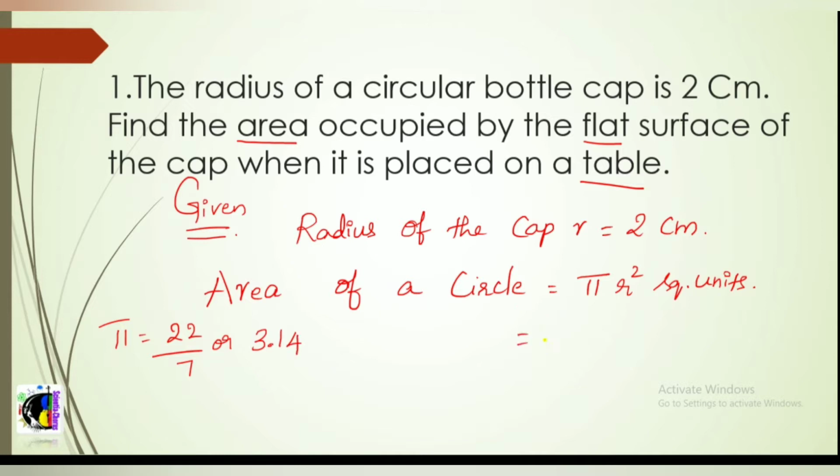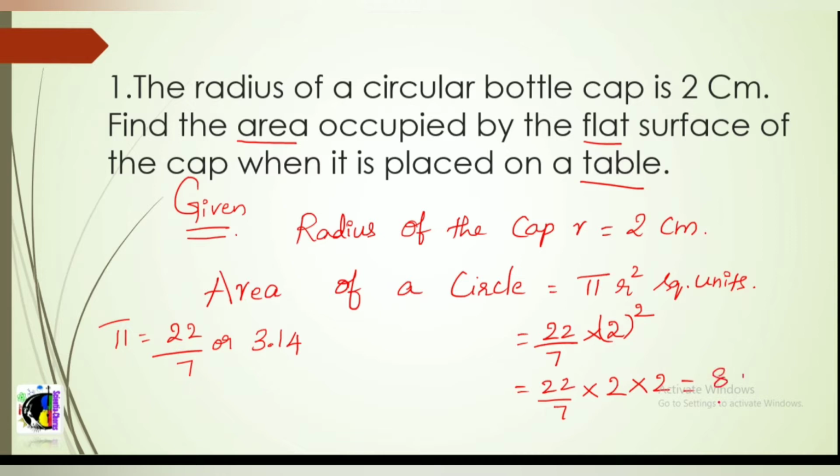So here I'm going to write it as 22 by 7 into the radius value, 2 centimeter, the whole square. Since it is square, I'll be writing it 2 times, 2 into 2. Okay, so I'm just going to multiply all the numerator values. 22 into 2 into 2 again.